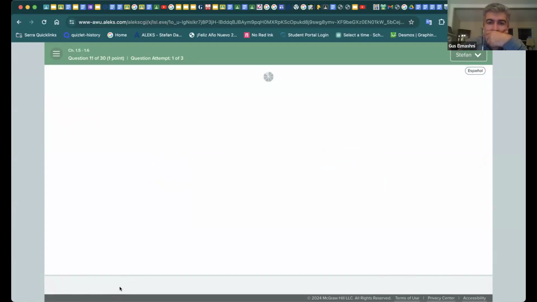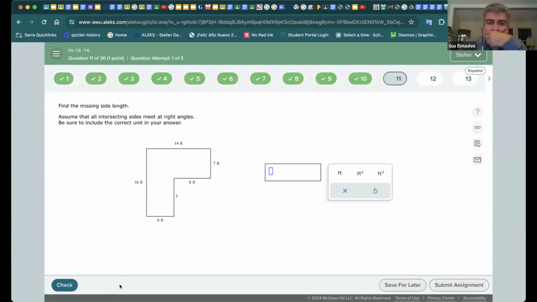Okay, now we're rolling. That's pretty easy, because if that's 7, that's half of this way, so it's straight up it's 9. Because you have 7 this way, so you have 9 that way. So 9 feet.